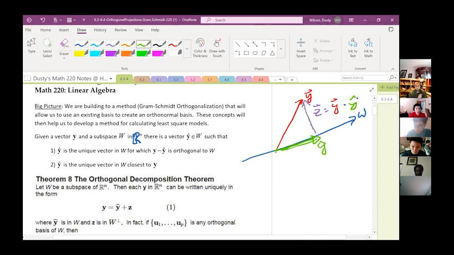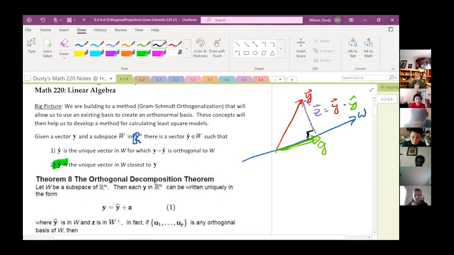So let's see what's going on here. We're saying that this Y hat vector is the unique vector in W closest to Y. And you should be able to see that graphically because you've got the 90-degree angle, so it should make intuitive sense.